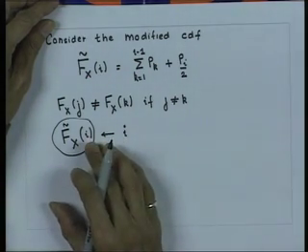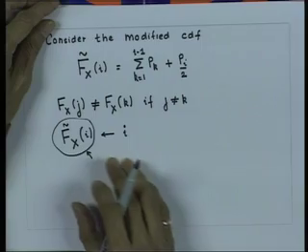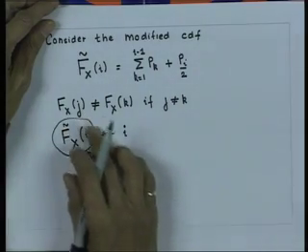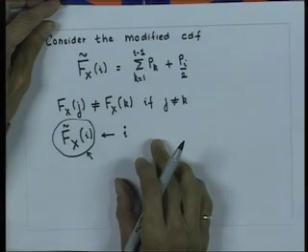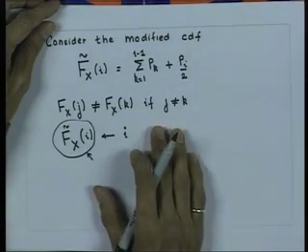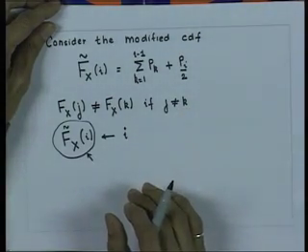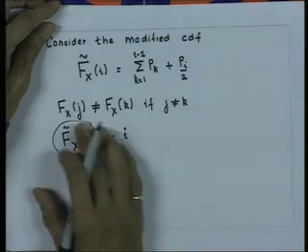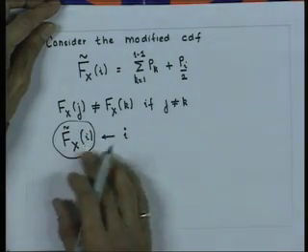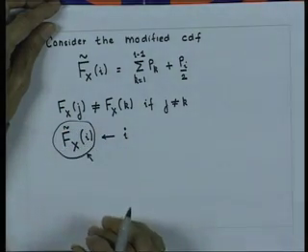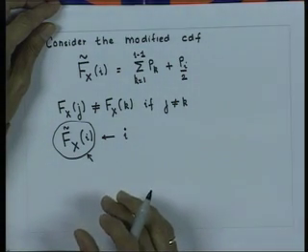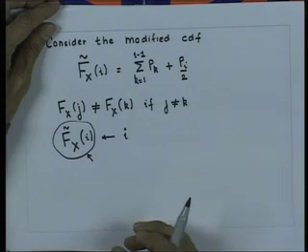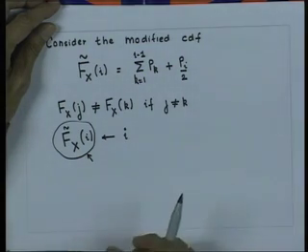So, it is not efficient to use the exact value of this modified CDF as the code word for I. We will have to use an approximate value for this modified CDF. If we use an approximate value, the next question is what is the required accuracy.